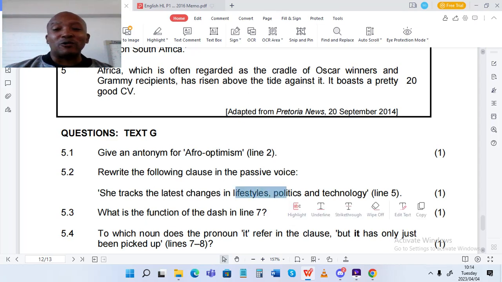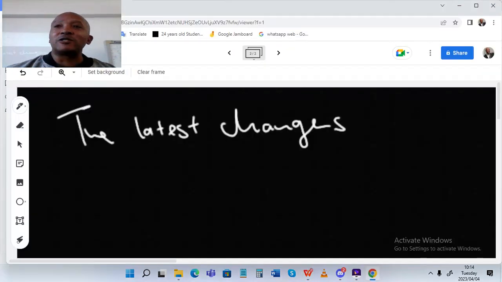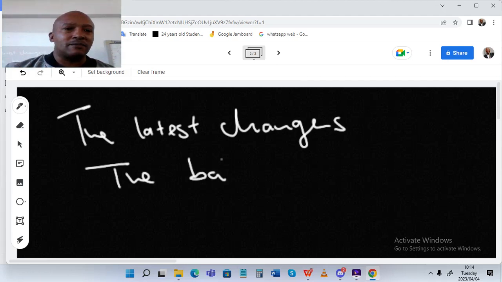Then they give you all these words to confuse you. So actually, you could start with the ball, the latest changes. I want your mind to start thinking like this. When we say the ball, the boy kicks.